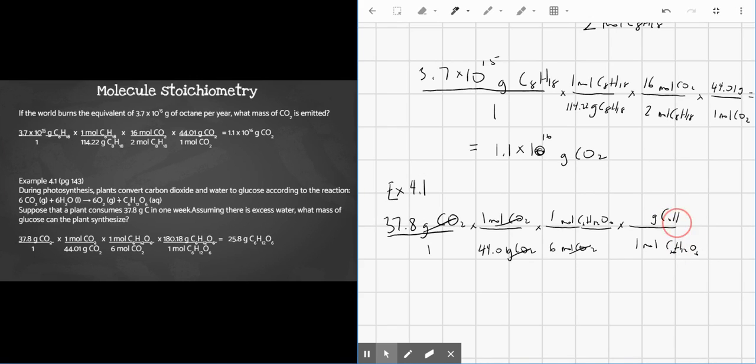Okay, C6H12O6. The molar mass of glucose is 180.18. And so you multiply these two, divide by these, and we get 25.8 grams of C6H12O6. So in 1 week, this is how much glucose that particular plant can make.